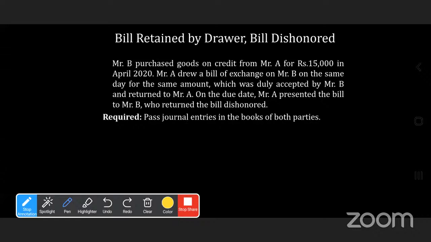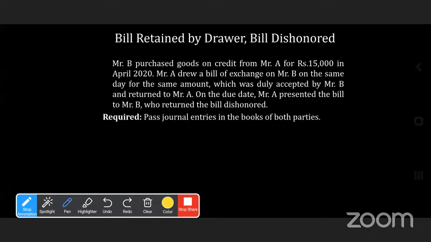Now let us see the problem. Mr. B purchased goods on credit from Mr. A for rupees 15,000 in April 2020.